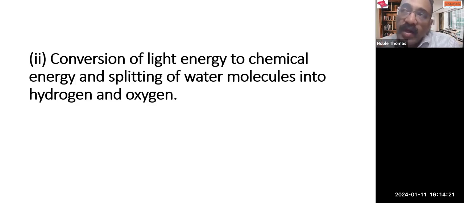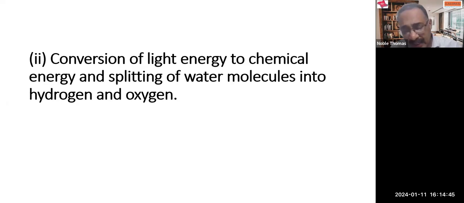Out of the total amount of energy that falls on a chlorophyll molecule, only 1% can be given to the electrons, converted into the energy of the electrons. The rest is all going to waste, meaning plants cannot use it. It will be there in nature somewhere, but plants cannot use it.